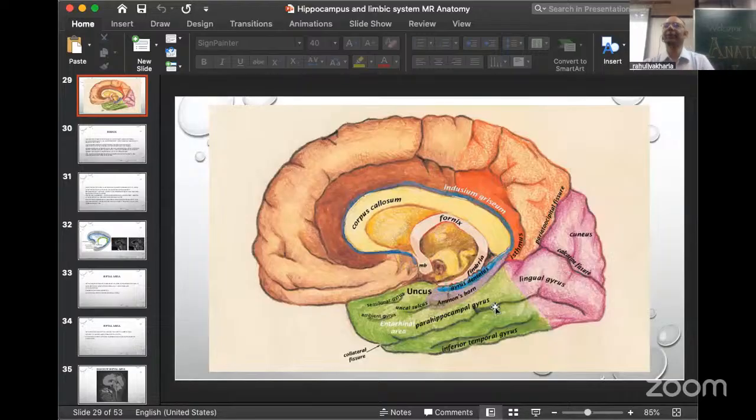So again, coming back to this image, what I showed you just now on MR, we can have a quick revision and then we'll finish. The parahippocampal gyrus: the inferior part going into the lingual, the superior going through the isthmus into the cingulate gyrus and ending in the septal region. The dentate gyrus goes behind as gray matter along the corpus callosum, forming the indusium griseum, and again ends in the septal region.